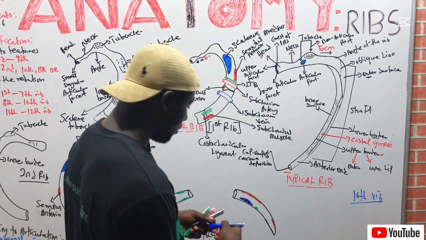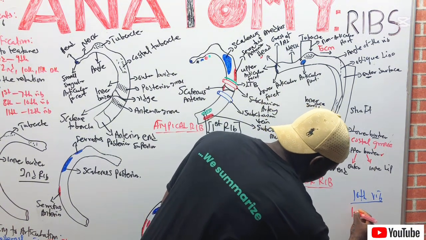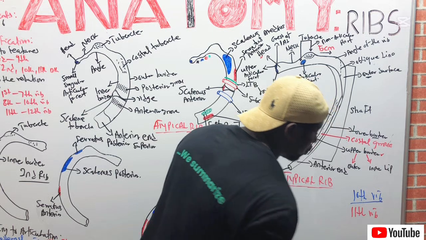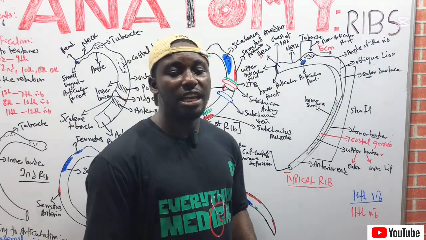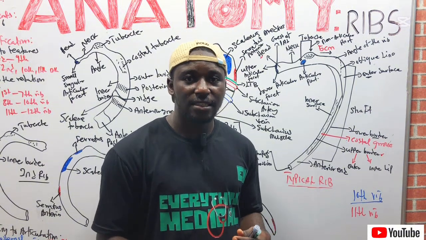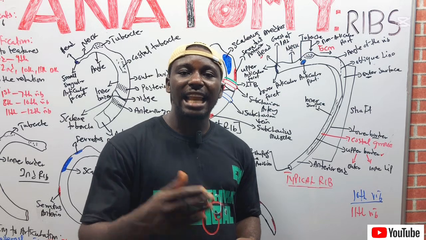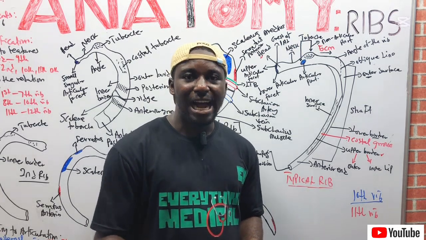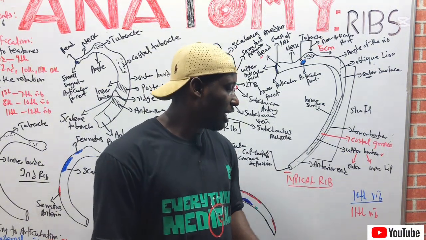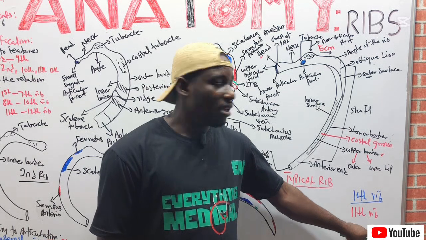The next is the 11th rib. This 11th rib has a large articular facet on its head. It doesn't have a slight angle and a costal groove.